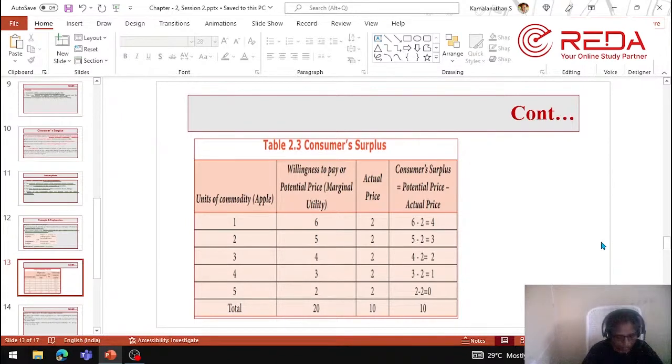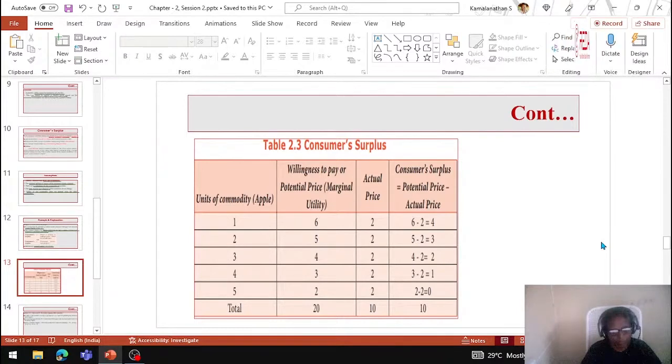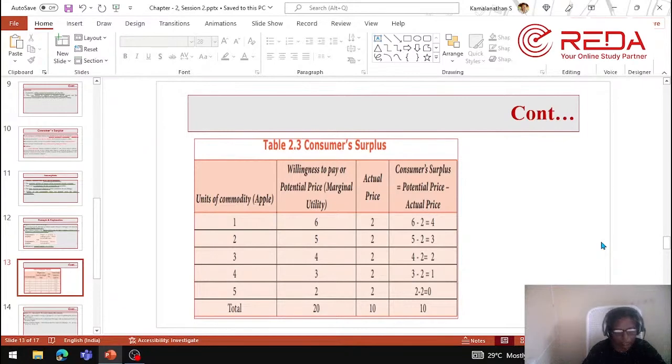Consumer surplus is nothing but the potential price minus actual price. Potential price is the potential of the consumer to allot money in consuming, and actual price is the MRP, which is fixed by the producer and seller. This is a very important concept.